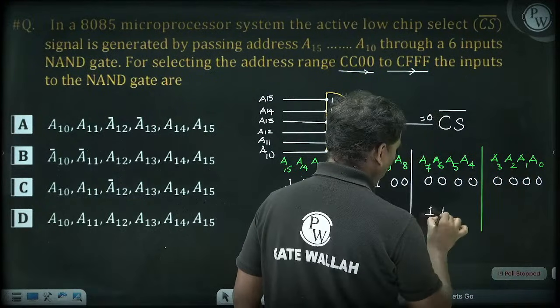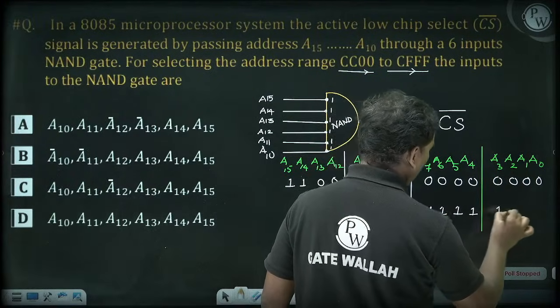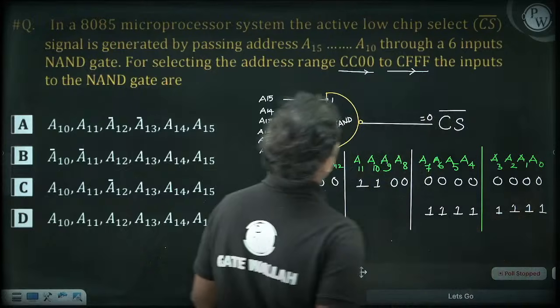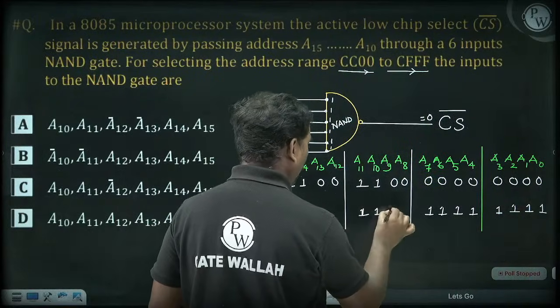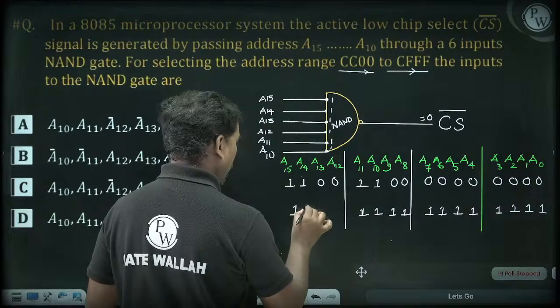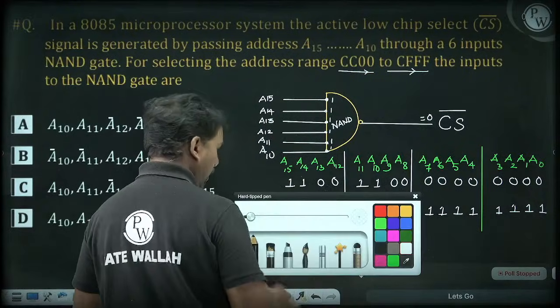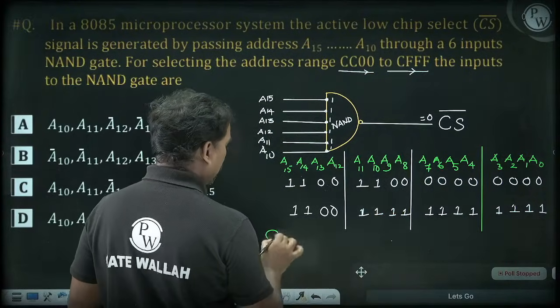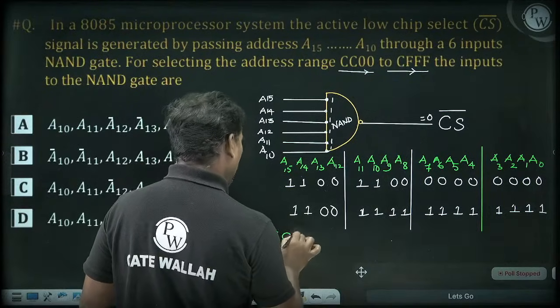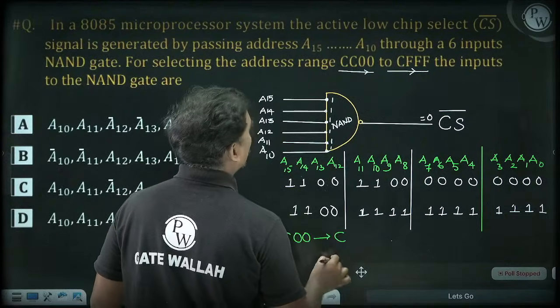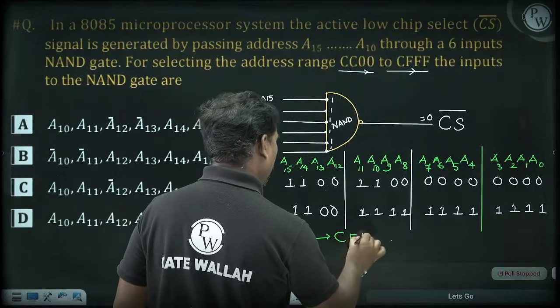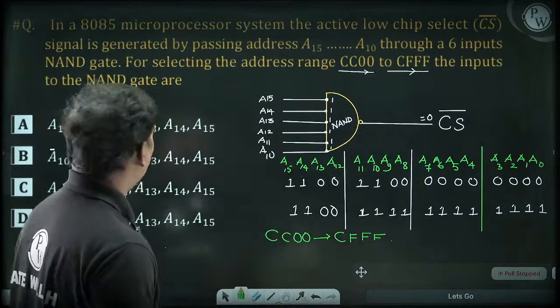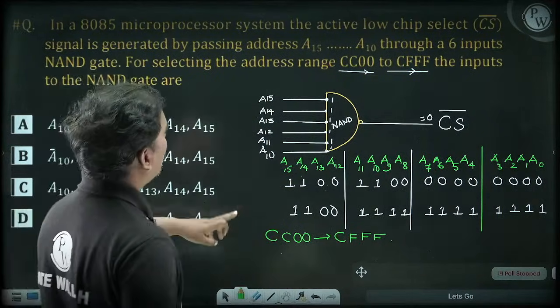So this is 111111, and this will be 11111110. So the range is CC00 to CFFF. So it should come like that. He's asking the configuration of A15 to A10.